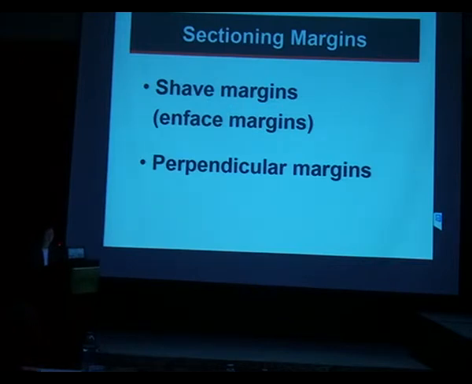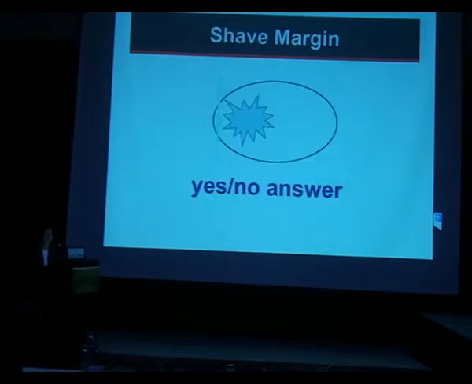In terms of obtaining margins, shave margins or perpendicular margins, again, we don't have a personal preference. We make a decision based on the appearance of the lesion. If a tumor is close to a margin like this, doing a fast margin like this, a shave margin, is not a good idea.